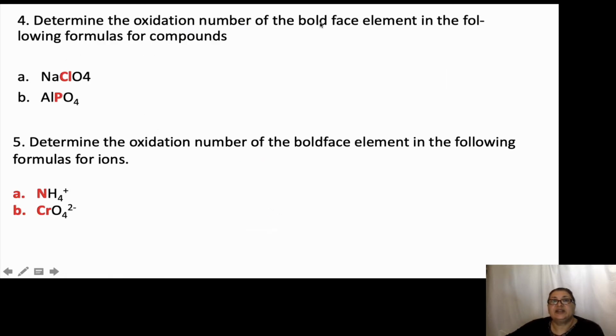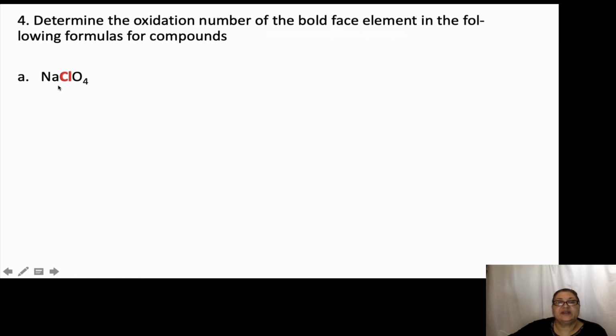Determine the oxidation number for the boldface element in the following formulas. I'm going to do a couple of these. The first one is sodium perchlorate. Sodium we know is always +1. We're not sure about chlorine because they're asking for it. And oxygen is always -2, but we have 4 of them.